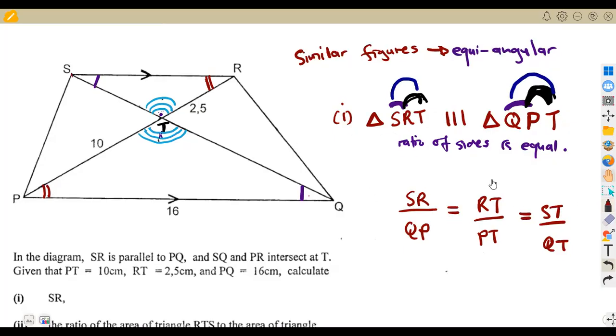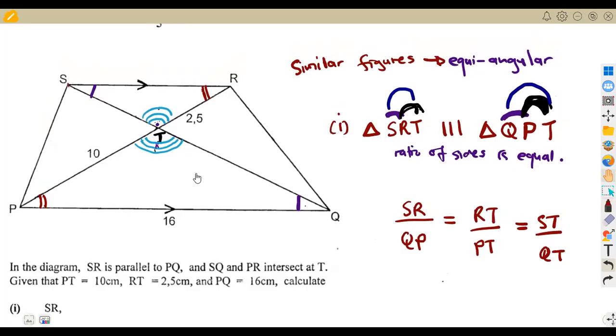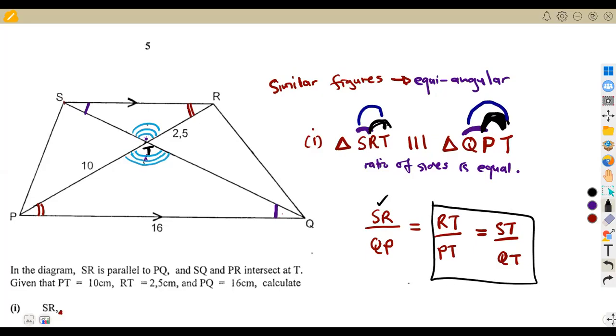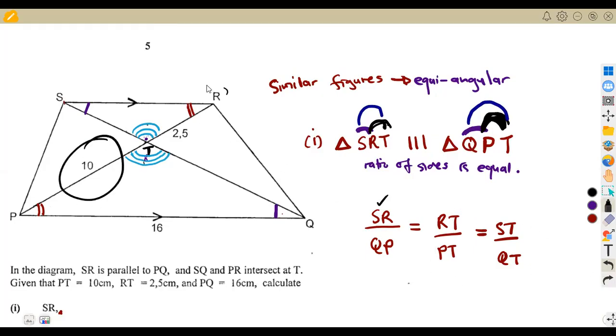So from this ratio of sides, I want you to check where are we having SR, because our question here is to calculate SR. So we check the ratio that contains SR. If we check the first one, it consists of SR. So we're going to take this first one. Then for these two, we are going to check which ratio has got corresponding values on our diagram.